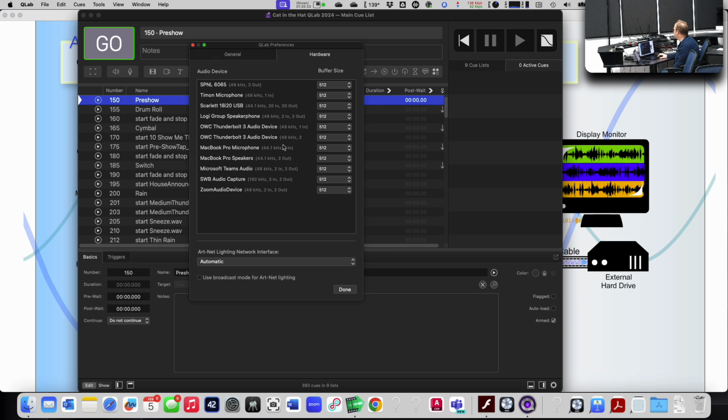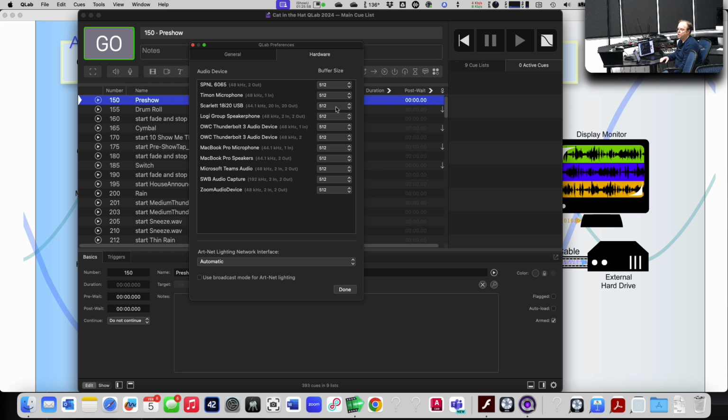Depending on which one I want to use, like if I want to use the Scarlett, which is this big red one, it's currently at 512. It looks like they're defaulting to 512 now instead of 1024. And I've been saying this wrong. It's actually samples, I realize now, not kilobytes. It's the number of samples you can store. So you can take it all the way up to 1024 if you want, or you can go lower.